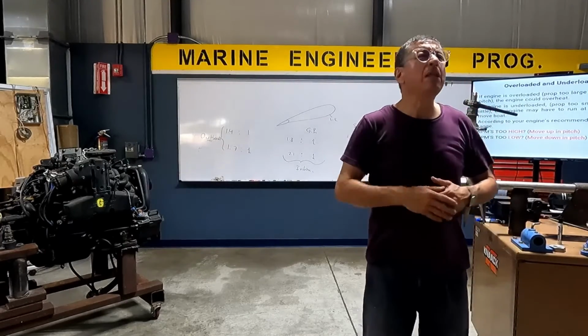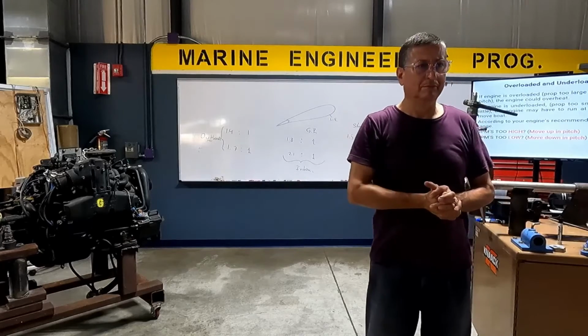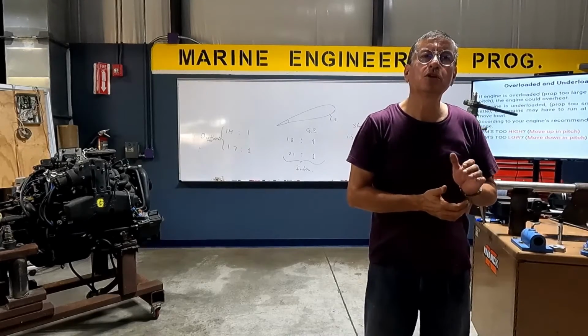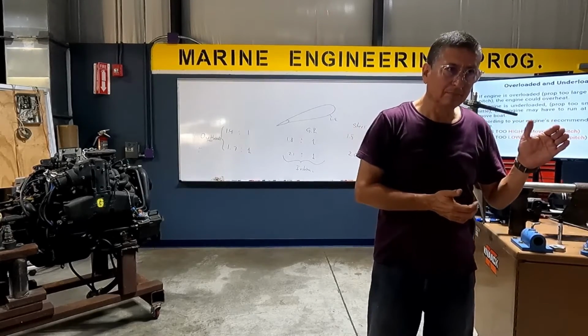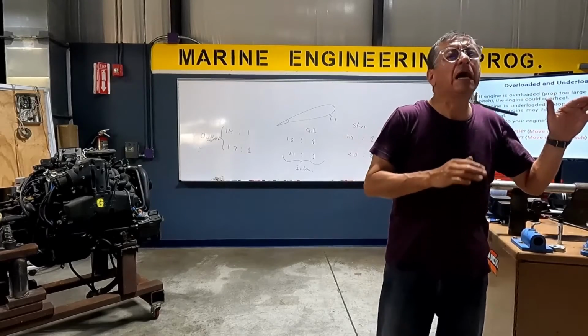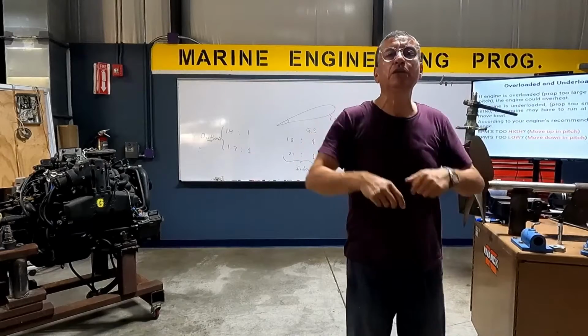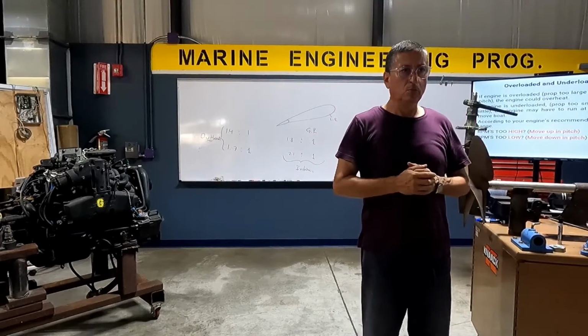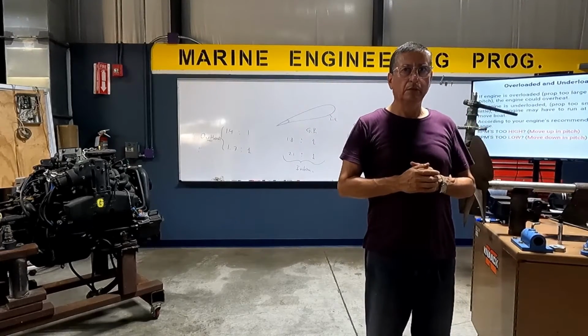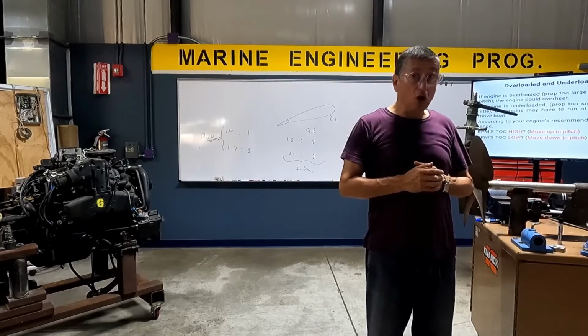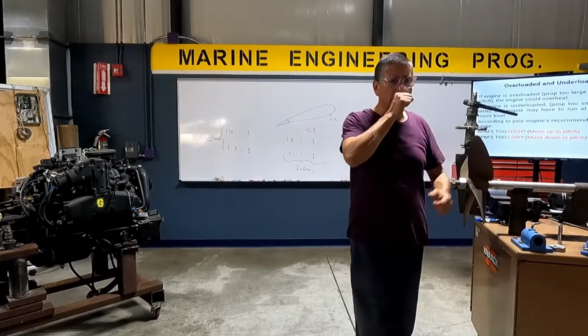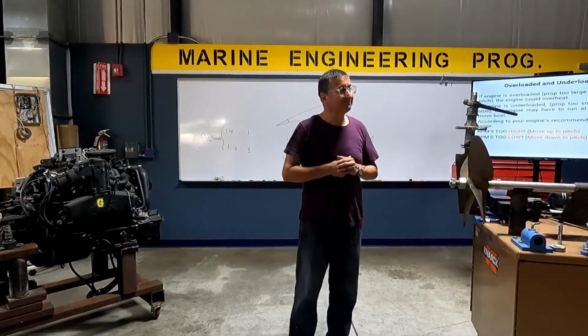If you want more speed, you need more pitch, because you need more speed and less torque. If I am going to convert this boat into a towboat, what type of propeller do you need? A propeller with low pitch, because you need the maximum torque.